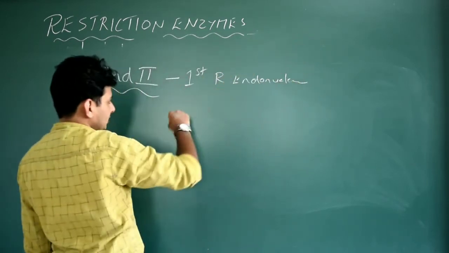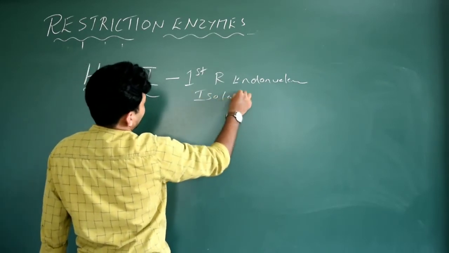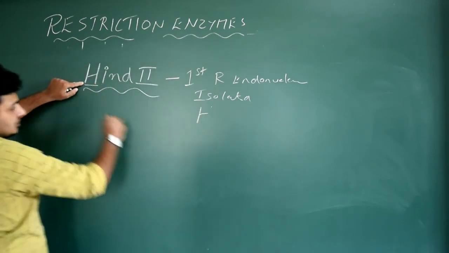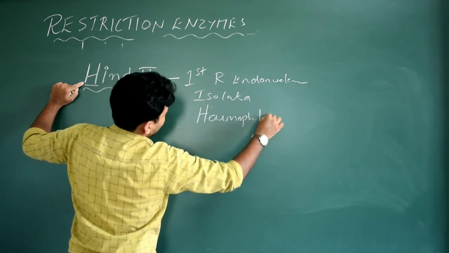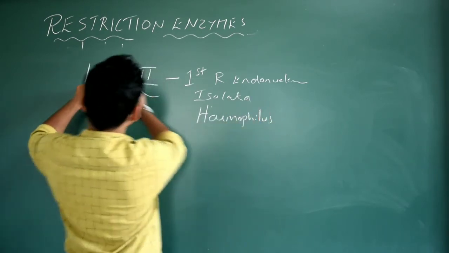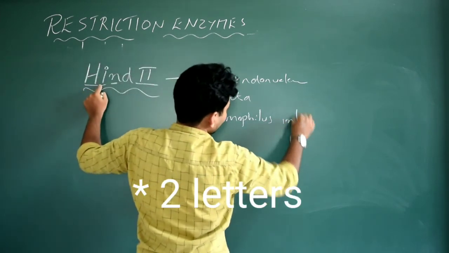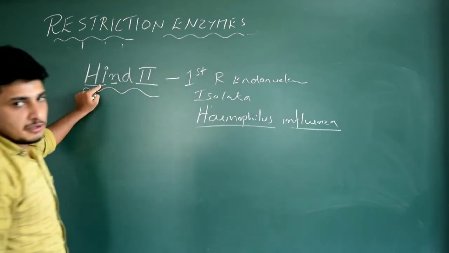It was isolated from a bacteria called Haemophilus influenzae: capital H, the genus name of the bacteria, Haemophilus, and two words I am taking, influenzae. Very easy, no confusion here.